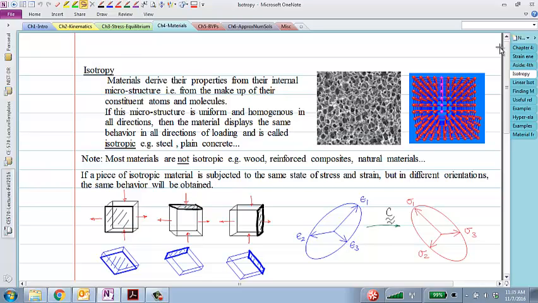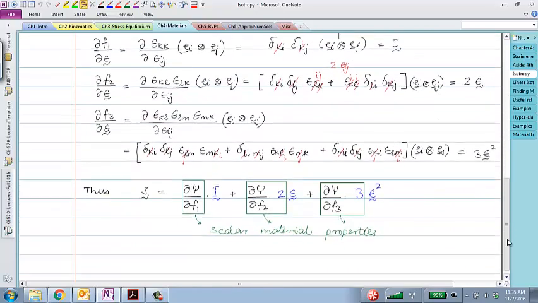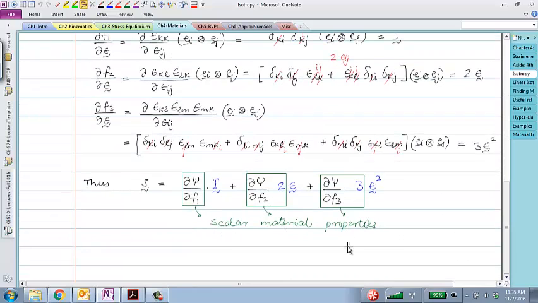And then we made this assumption of isotropy, where we said that if we express the strain energy density function in terms of its three primary invariants, then we are down to essentially three scalar material properties for a general isotropic hyperelastic material.